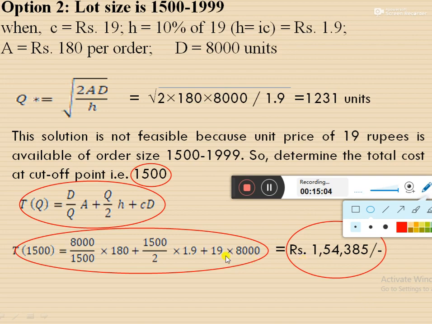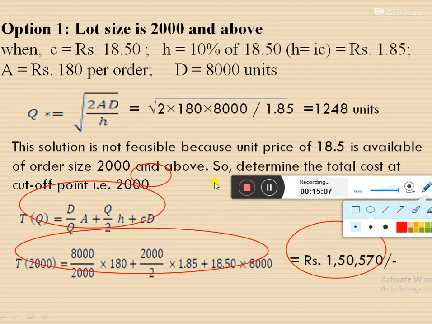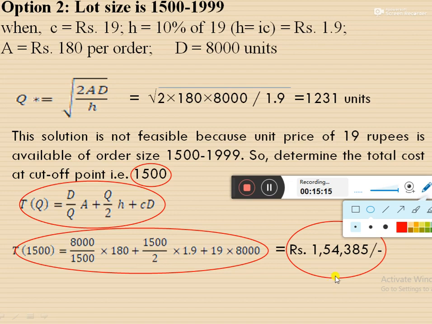If you have noticed, in the previous case we have ordered 2000 units in a single order and the total cost was equal to 1,50,570. In this case the order quantity was lesser than the previous case, that is equal to 1500 units, and the impact on total cost was that the total cost was increased from the previous level. It is equal to 1,54,385.